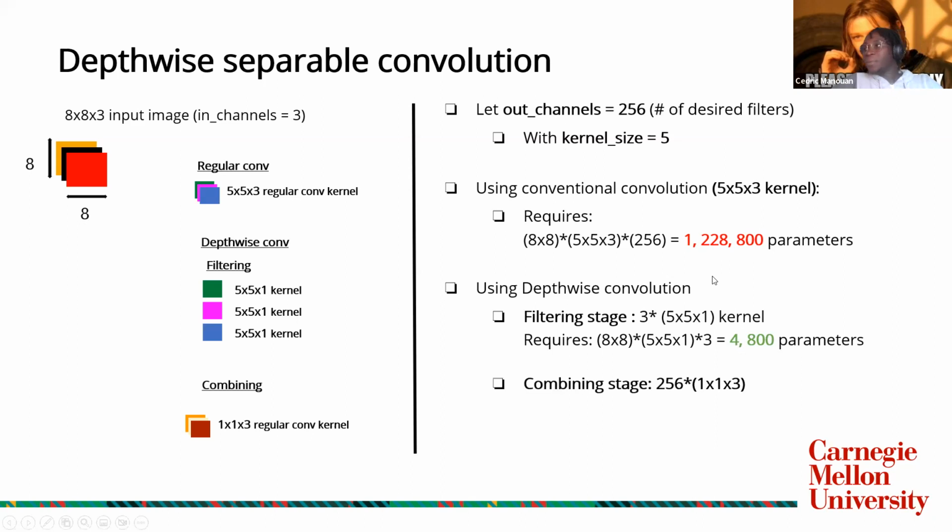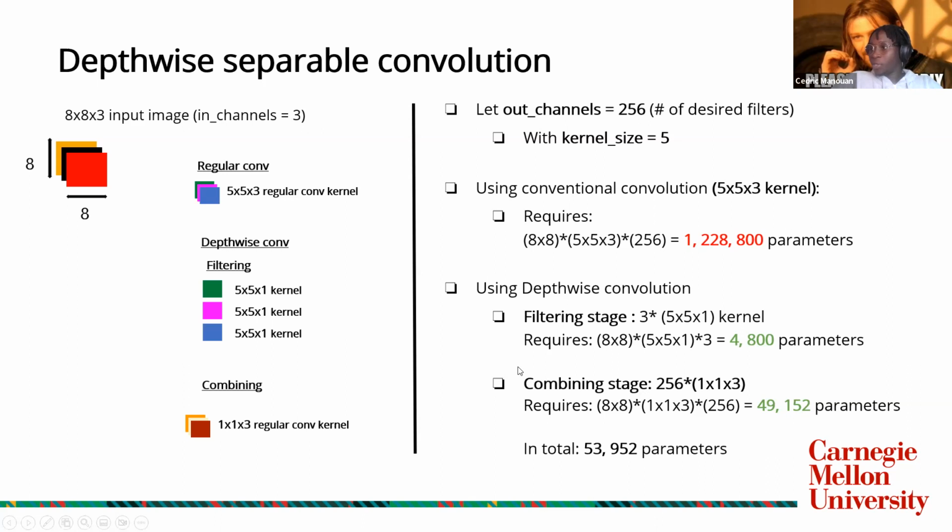And the second stage would be the combination stage, where you use these 1 by 1 times the number of dimensions that you have in your input channel. So this is the number of parameters that you will have after performing this combination stage. And the total number of parameters is this one. So you have something like 23 times fewer parameters for this depthwise convolution.